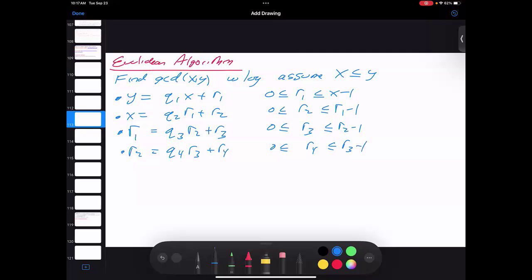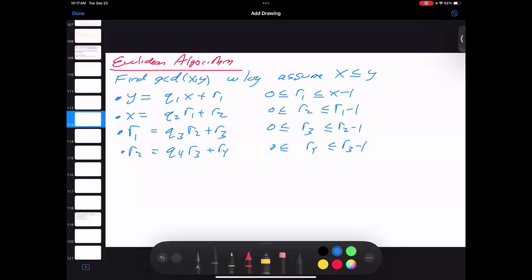Could this go on forever? Could this never end? Is it possible that I could have infinitely many R's, or does it have to eventually stop? Is R1 smaller than X?